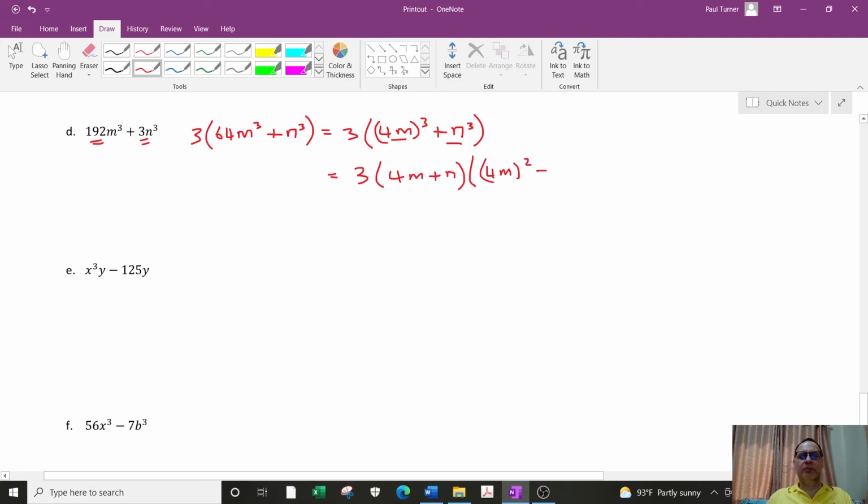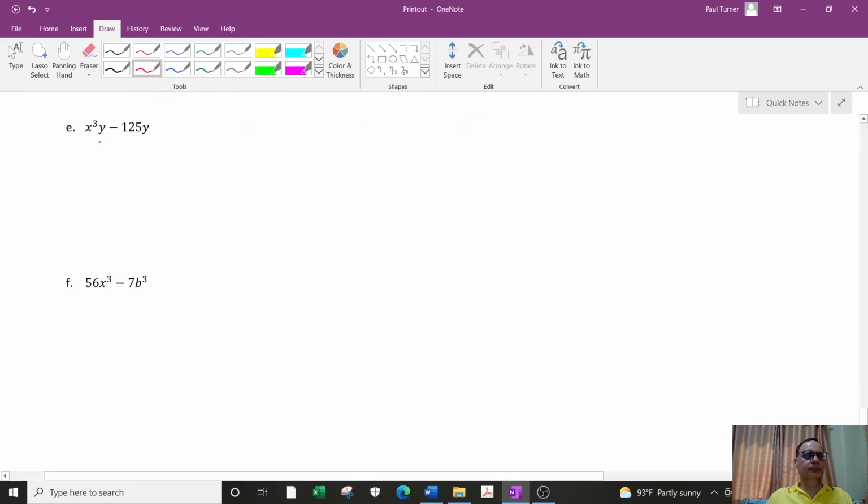And now we go to a minus sign, and then 4m times n. And the last term squared. Like that. So this here will just become 16m squared, and you can write that in there.